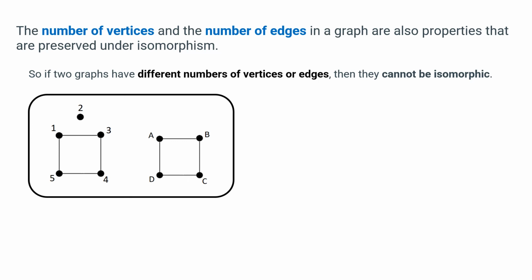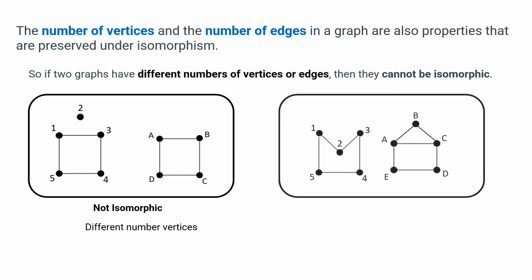But we could also just take this statement as the truth, which it is. There are 5 vertices in one graph, 4 in the other, and I know that if two graphs are isomorphic, they would have the same number of vertices. So we could say right off that those are not isomorphic.